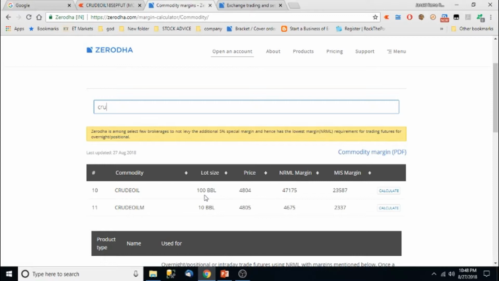The price of 100 barrels, each barrel around 4,804. The normal margin we require is 47,000, but in intraday we require 23,587 only. But when it comes to mini, it's a requirement of 2,000 something. In a mini, it will be 10 barrels.